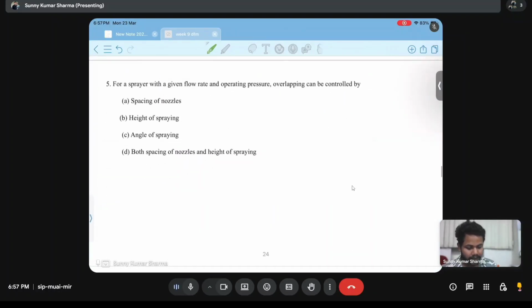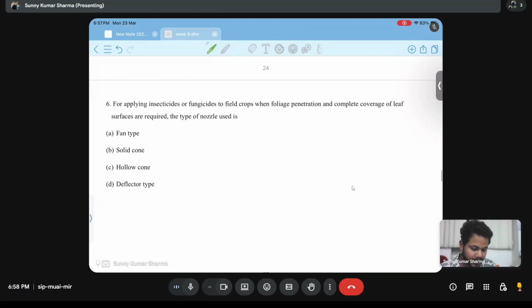So the fifth question is, for a spray with given flow rate and operating pressure, overlapping can be controlled by spacing of the nozzle, height of the spray, angle of the spray, or both spacing of the nozzle and height of the spray. Both. Flow rate and operating pressure are given, so it will just depend on the spacing of the nozzle and height of the spray.